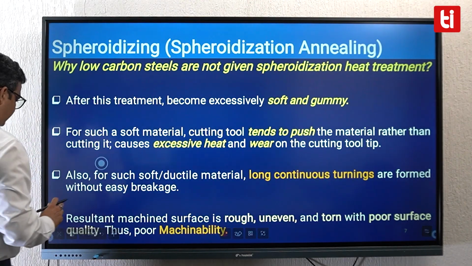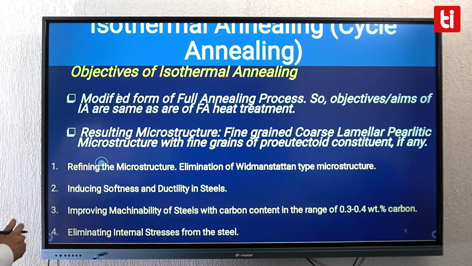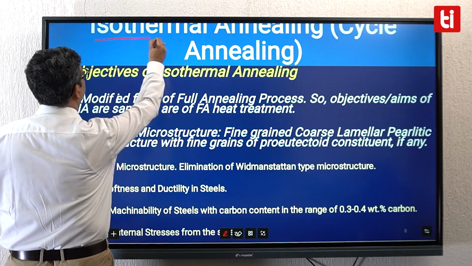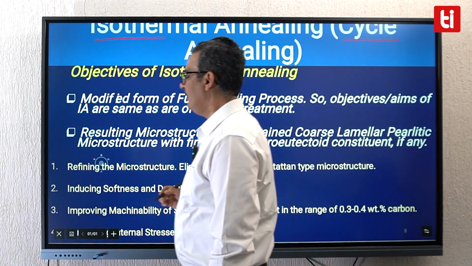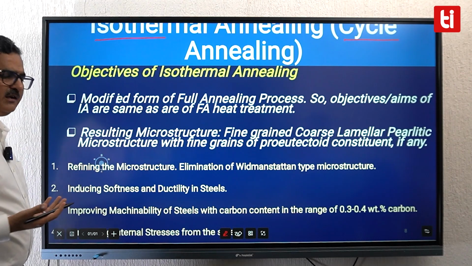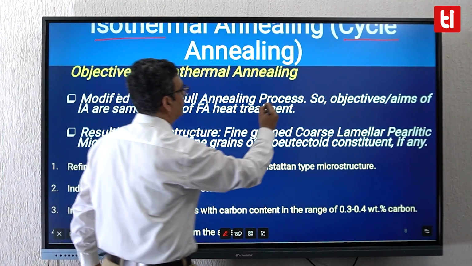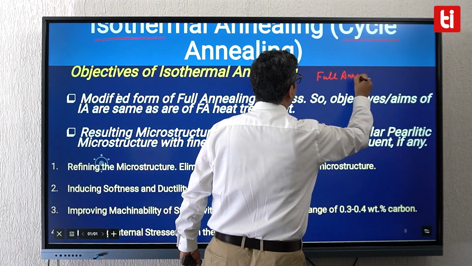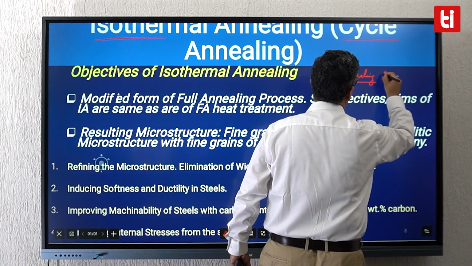Right, students. Then next, we come to the next heat treatment process, and this is called isothermal annealing, or also sometimes called cycle annealing. This treatment is just a modification of the full annealing treatment. We had discussed full annealing treatment, a very good process, but it has one major limitation.